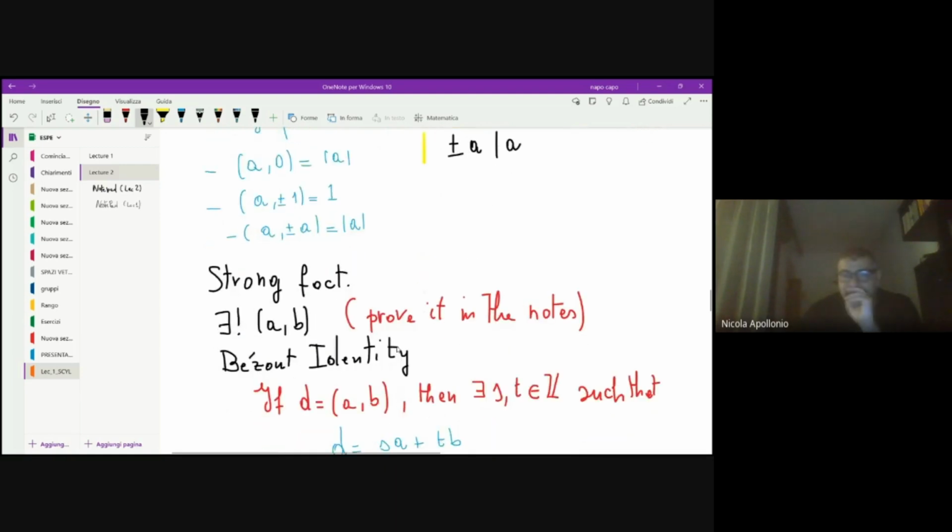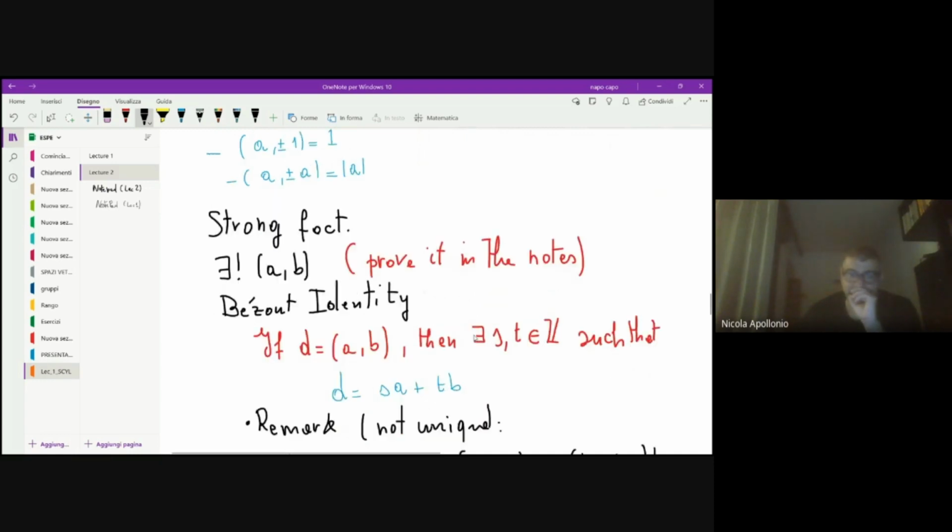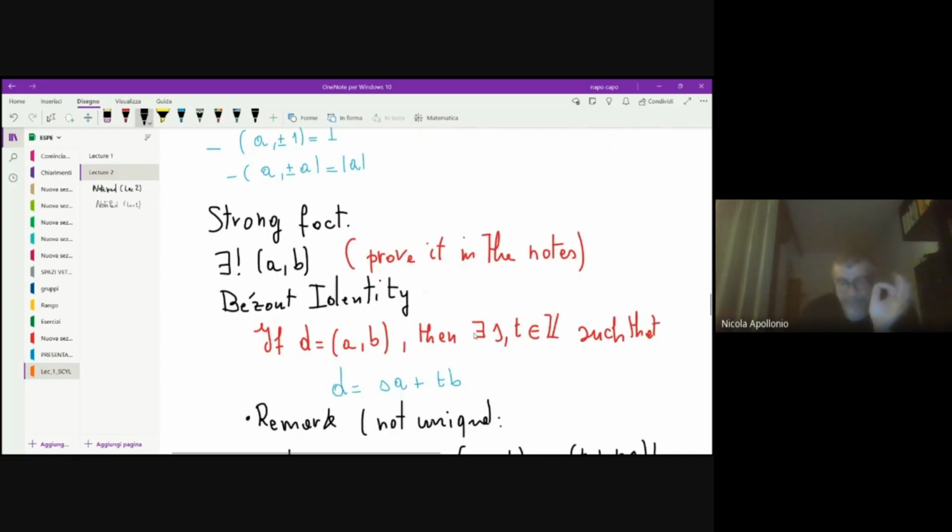These are trivialities, but this is strong. This is really very strong: the Bezout identity. And it is so strong and so straightforward after we have proved the result about the structure of the greatest common divisor. It is just a special case of what we see.